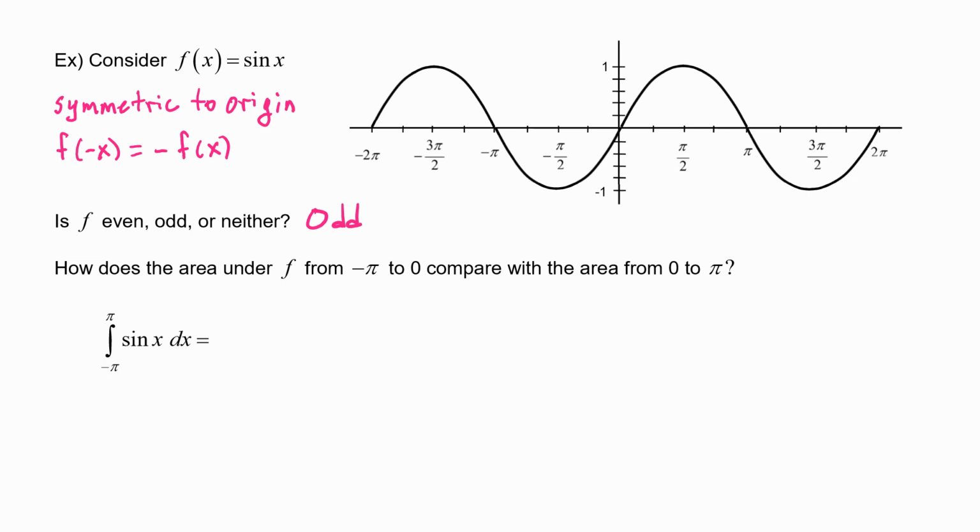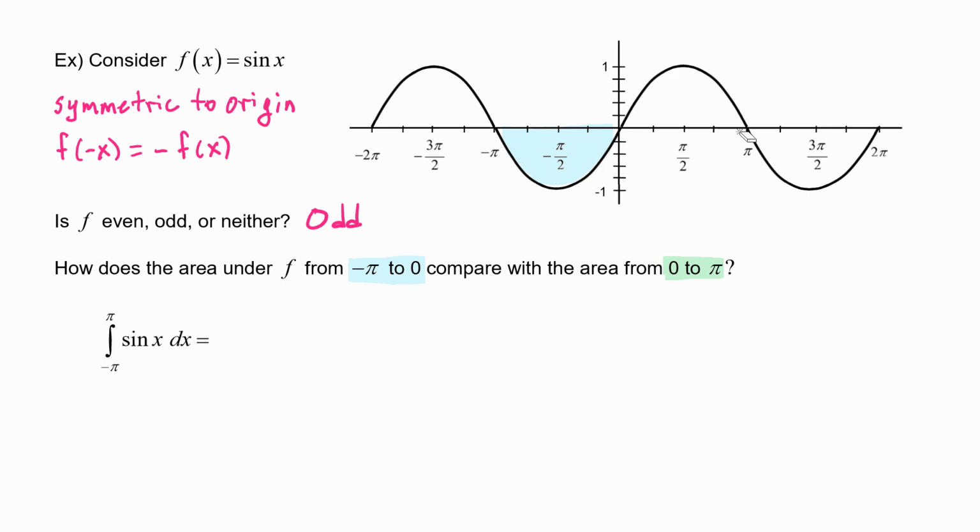Now, in this problem, we are being asked, how does the area under f from negative pi to 0 compare with the area from 0 to pi? So let's look at those two areas. From negative pi to 0, here's the area between the x-axis and the curve.